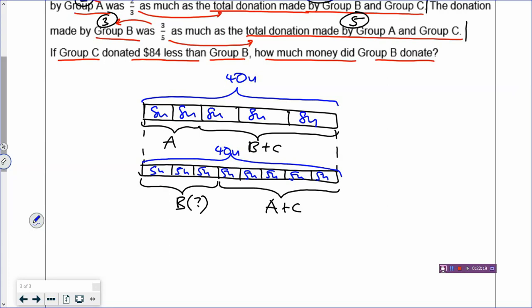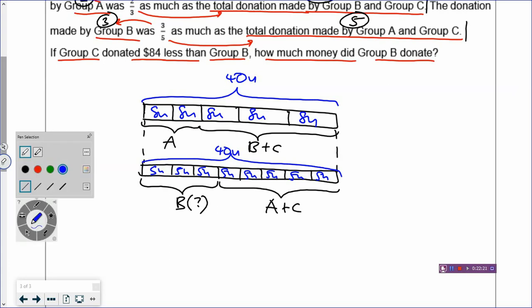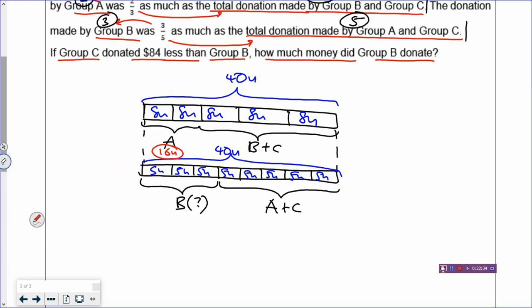Okay, so now can you find how many units each group has donated? Group A has donated 16 units, right? And group B has donated how many units? If group A has donated 16 units, then can we find group C?